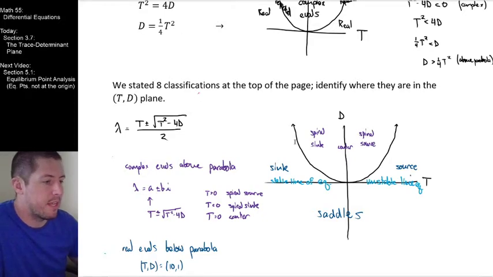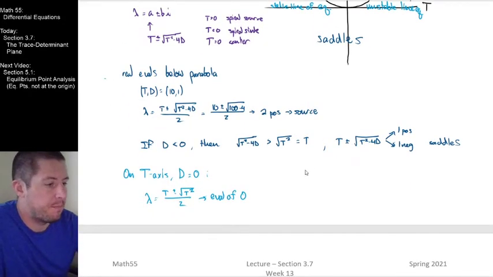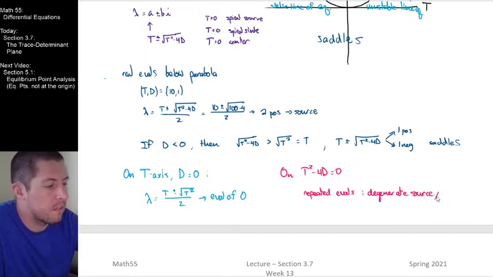So as our last one right here, on t squared minus 4d equals 0, repeated eigenvalues, and that was our degenerate source or sink. Only one straight line solution.